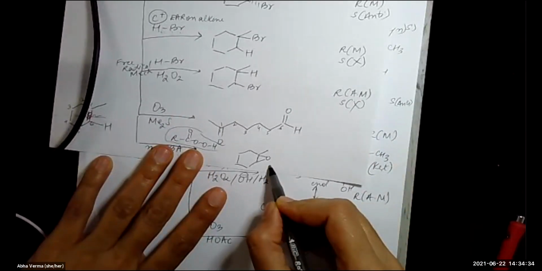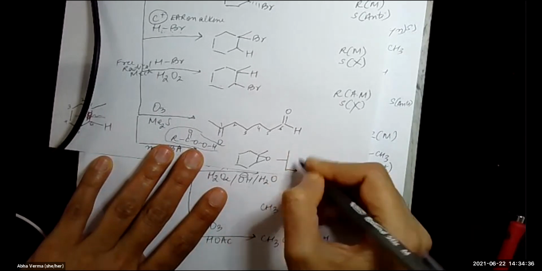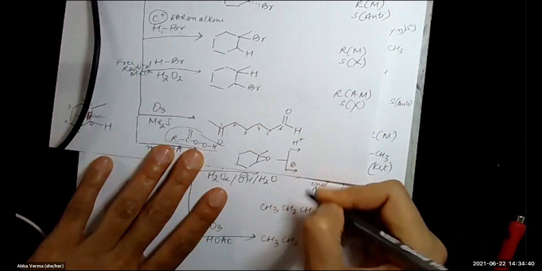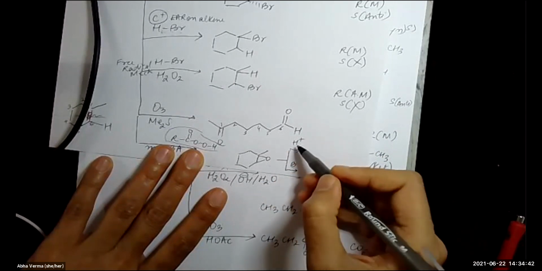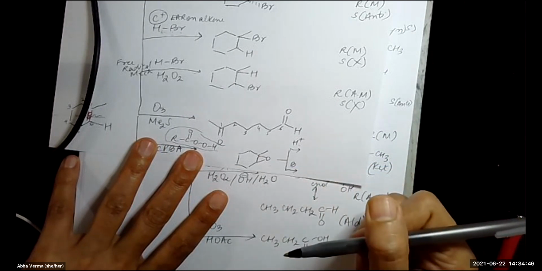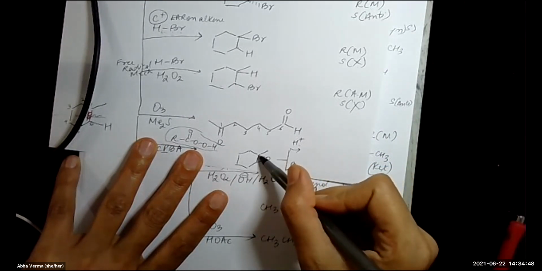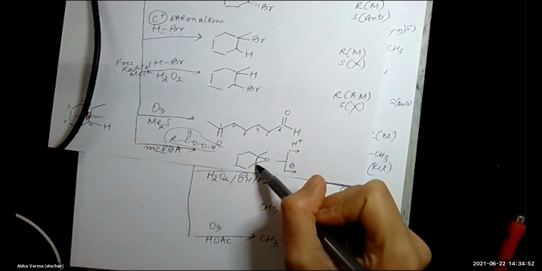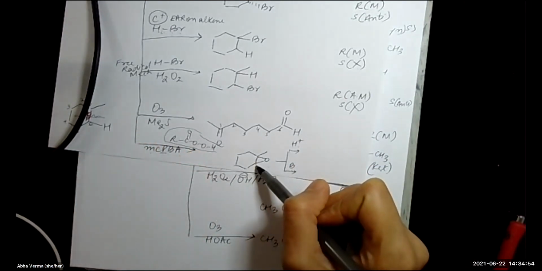Further from your epoxide, you can either use acidic conditions or basic conditions. When you use acidic conditions, the incoming nucleophile goes to the more substituted carbon. When you use basic conditions, it follows the steric rules and goes to the less substituted carbon.